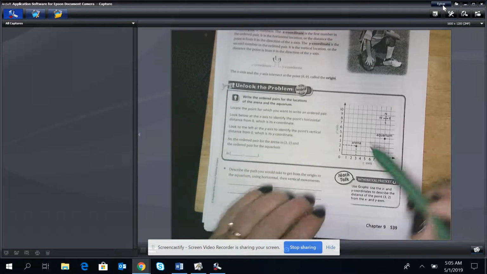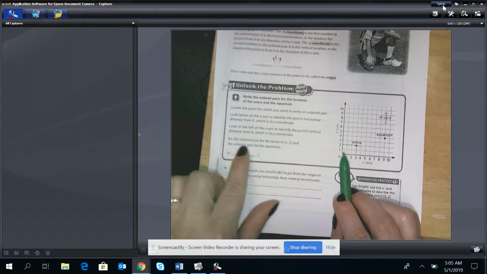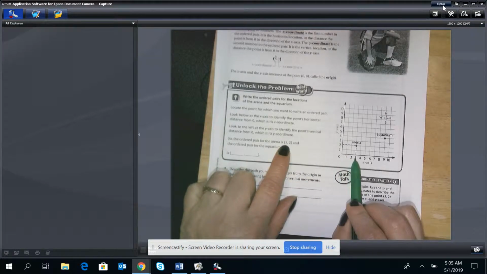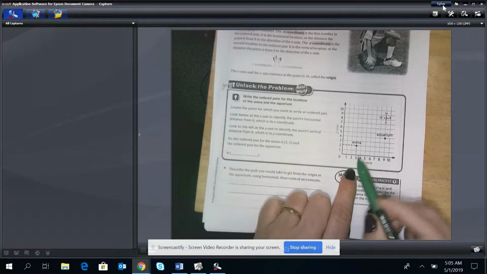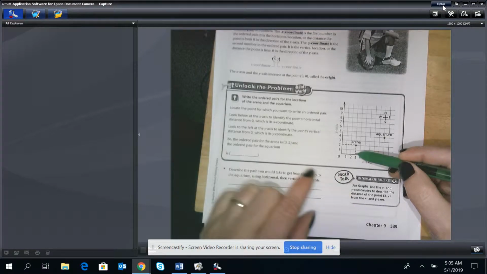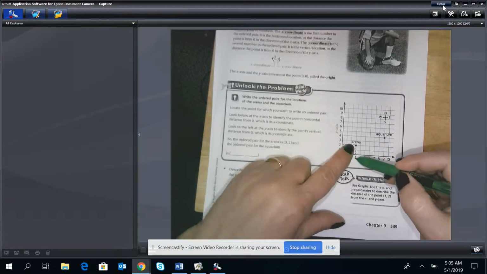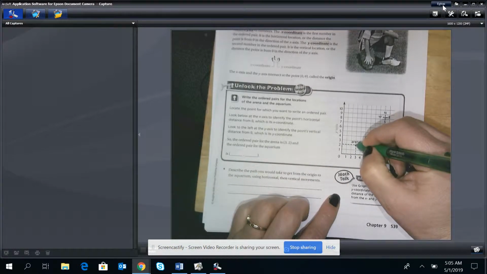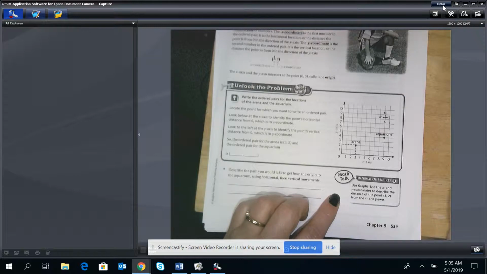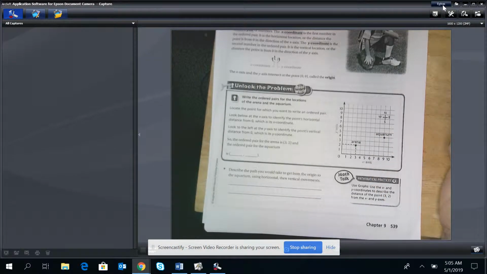So if we look here, we're going to do the arena. It says it's a 3, so we go over to the x at 3. Then I go up to where the number is, it's 2. Where those two meet is my point, so I put a point. And then you can label it that way. That's one way. We'll learn other ways to label in a minute.